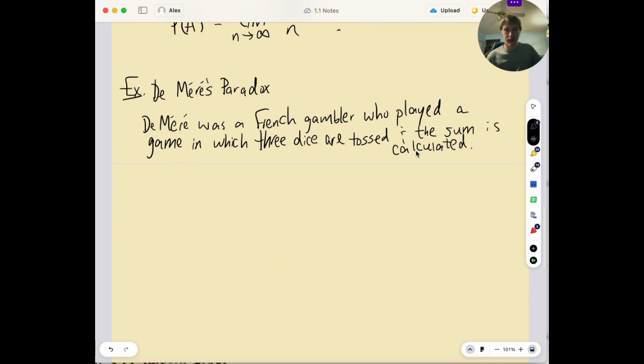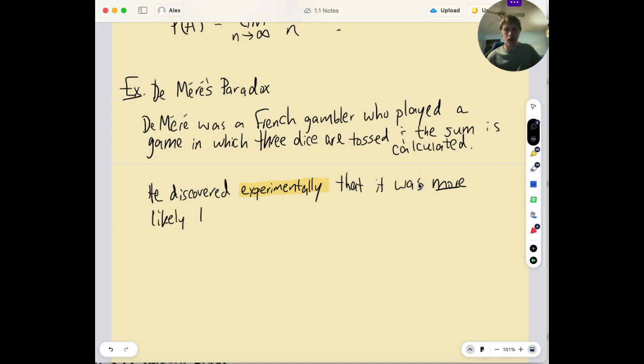So he discovered experimentally, there's that word again, experimentally, that it was more likely to get a sum of 11 instead of 12.